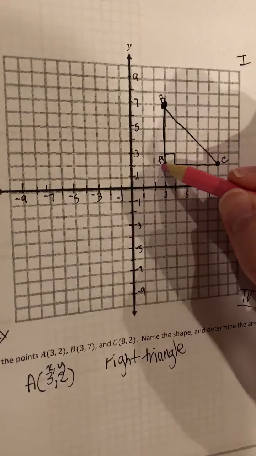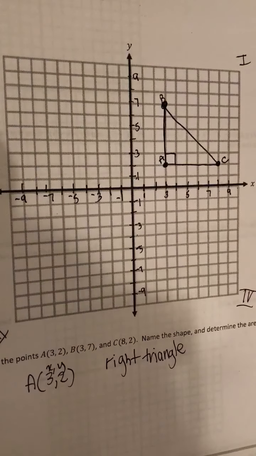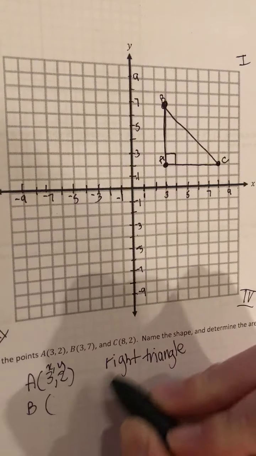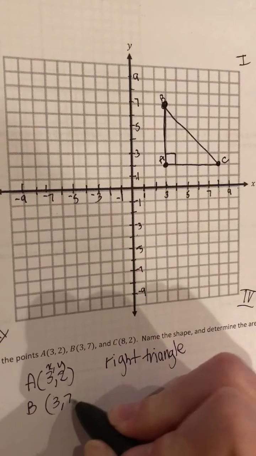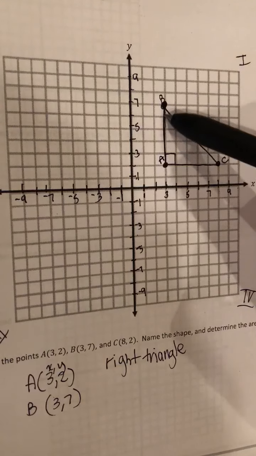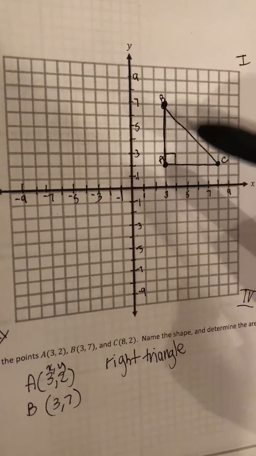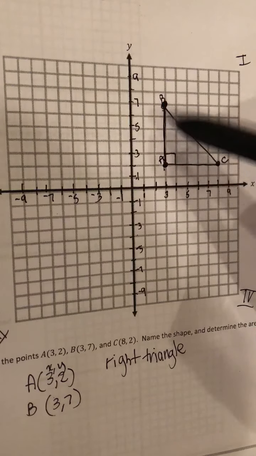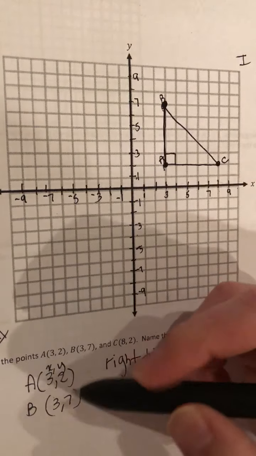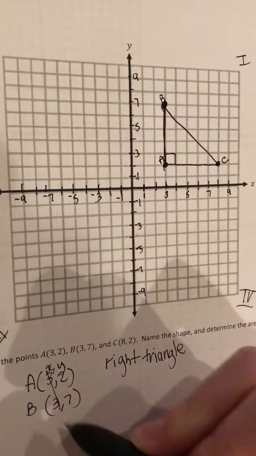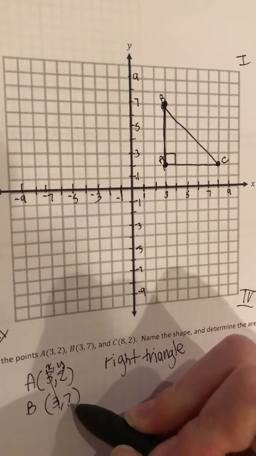So I can find the area using absolute value. So if I say (3, 7), if I say B and A, or line segment AB, to find the distance between A and B, I can use absolute value, what we've used on the previous lesson. Cancel these out. Same sign, subtract. Different, add.